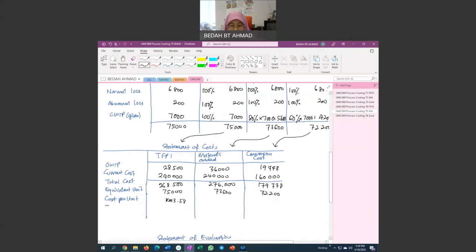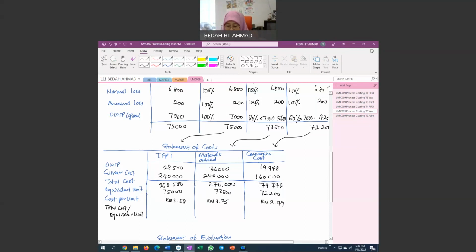So cost per unit is the total cost divided by the equivalent unit. Okay, so for the transfer from process 1 it is 3.58, almost 3.75. So this is the nearest, and here is 2.49.